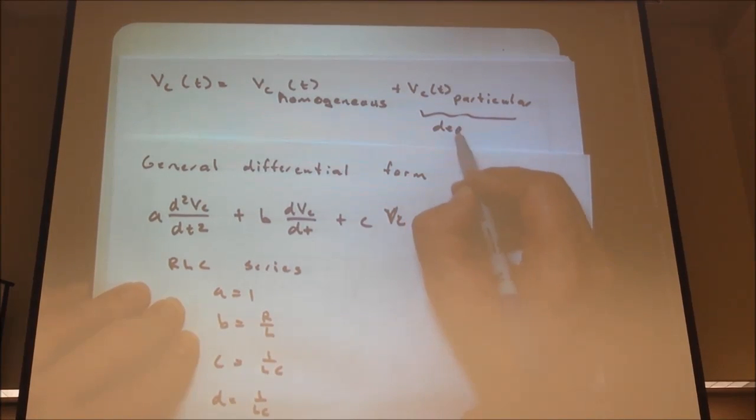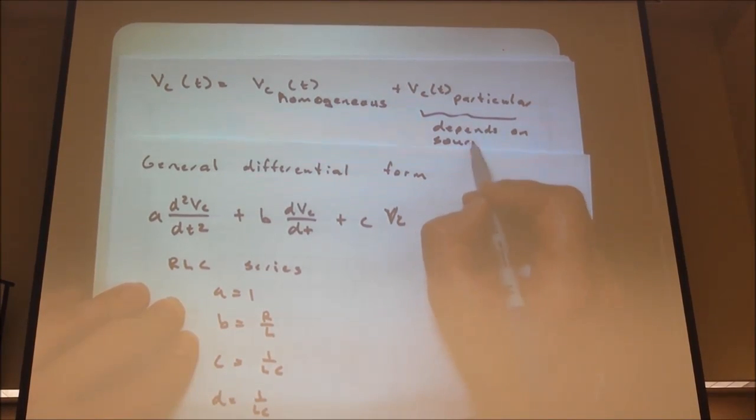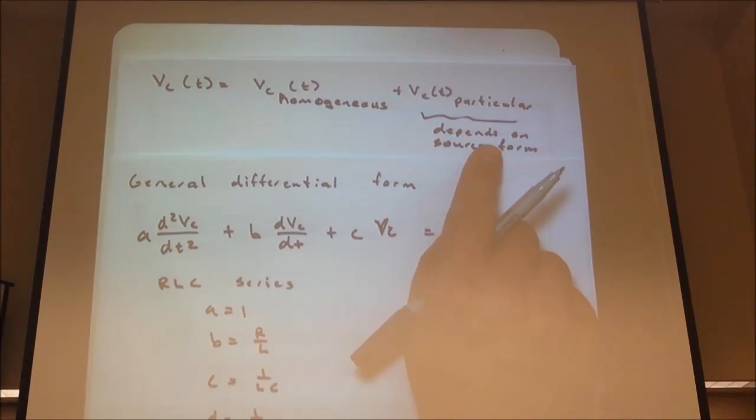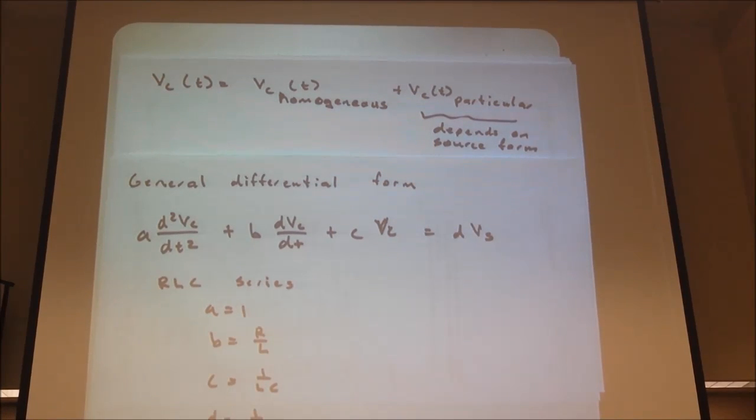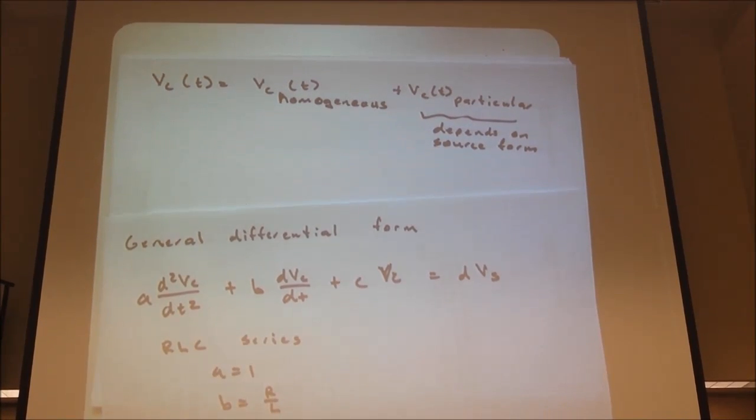Depends on source. So if we're looking at step function sources, what's this going to be? Constant. We'll actually call it A3. Or any other constant, some arbitrary constant, whatever you want to call it. If you want to use bananas as constants, that's fine too. So that's going to depend on the source form.